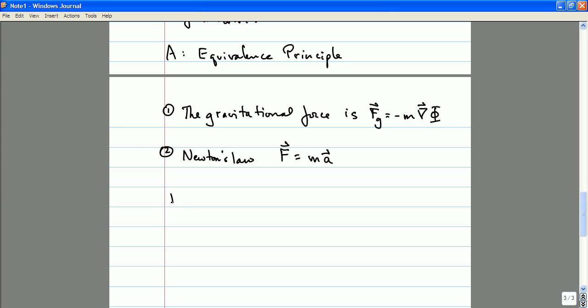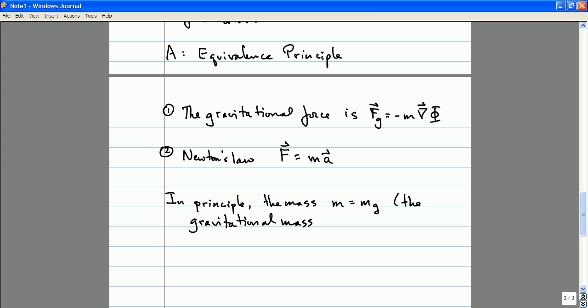So, in principle, the mass m appearing in the first equation, which we could call m sub g for gravitational mass, could not be equal to the mass that we call m sub i for inertial mass, which appears in the second equation.